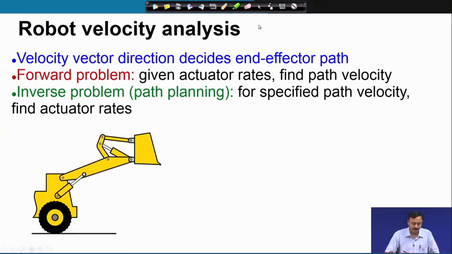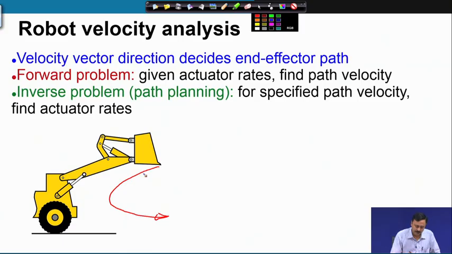For example, in this excavator, if I want to move it on a certain path, the velocity is defined tangent to the path. So, these are the velocity vectors.